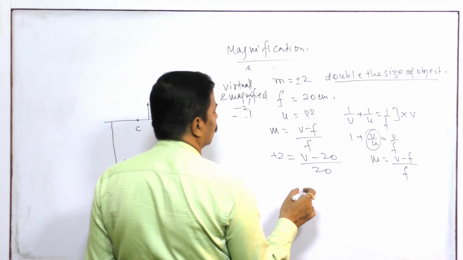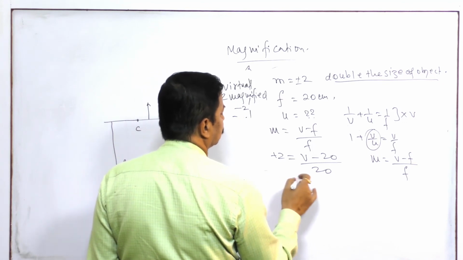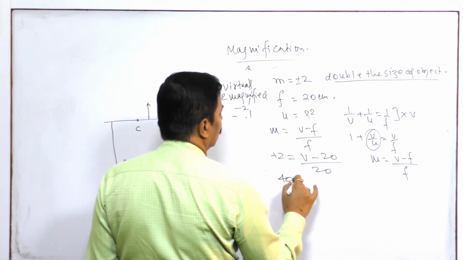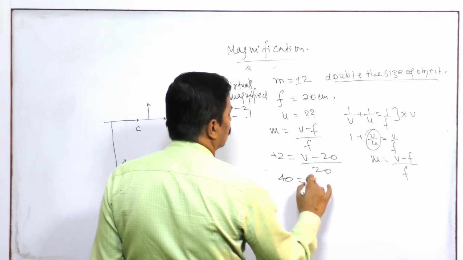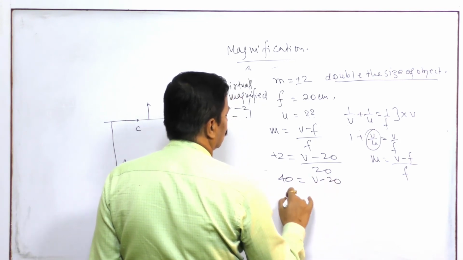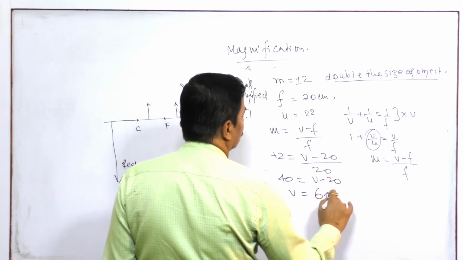So we are getting 40, there was V minus 20, so V is equal to 60 centimeter.